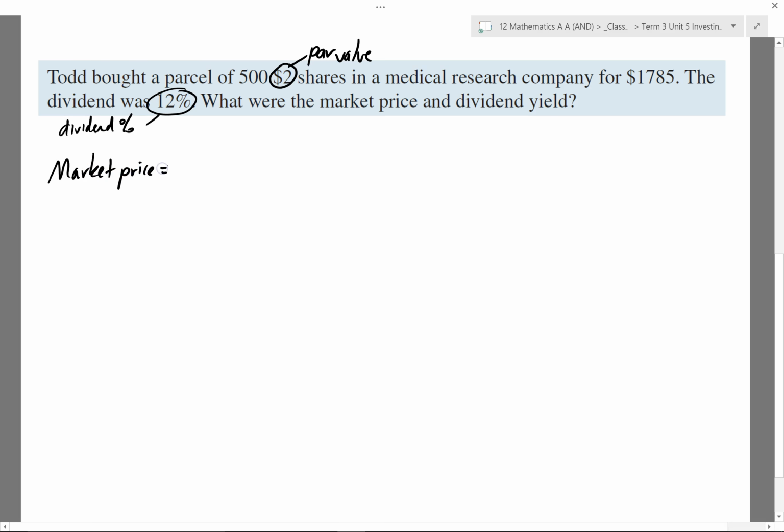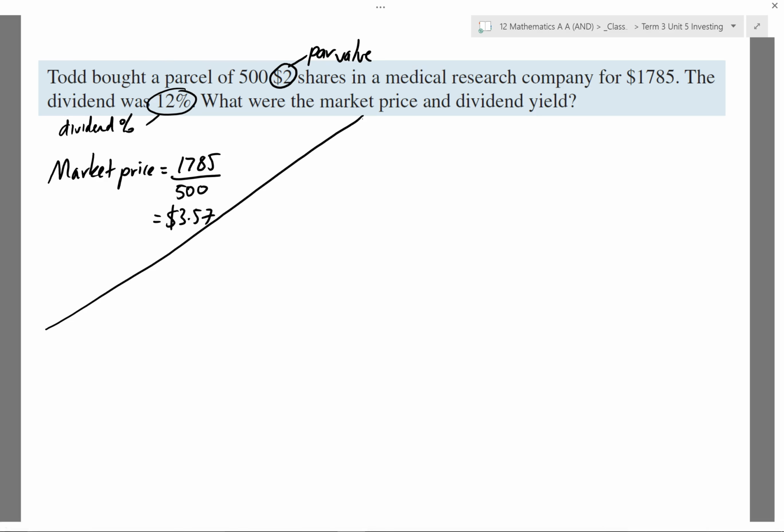Ooh, that looks tough. I'll try the market price first. So how much did he pay per share? Well, he paid $17.85, and for that he received 500 shares. So each share was $3.57. I'll have a go at finding the dividend yield. So I'll write my formula for dividend yield and see if I know all the things involved.